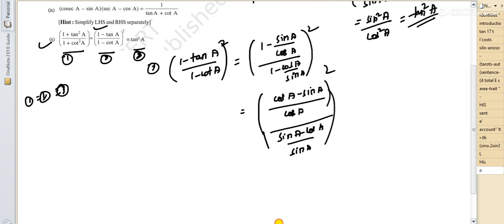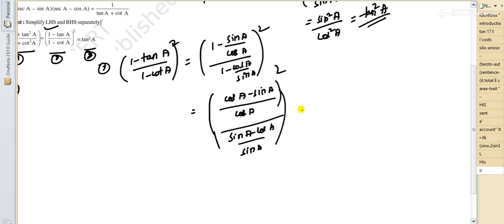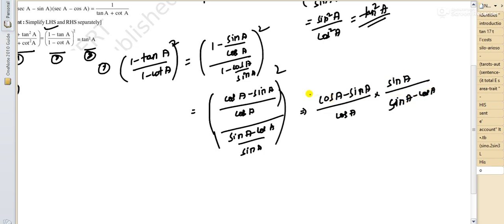Now what we are going to do? Yes, see. So we'll write it like this. See, this will become what? If I bring everything to the numerator, cos a minus sine a divided by cos a into, what is this? Yes, this is sine a into sine a minus cos a, and this is whole square. Understood? So it will be square of this into square of this.